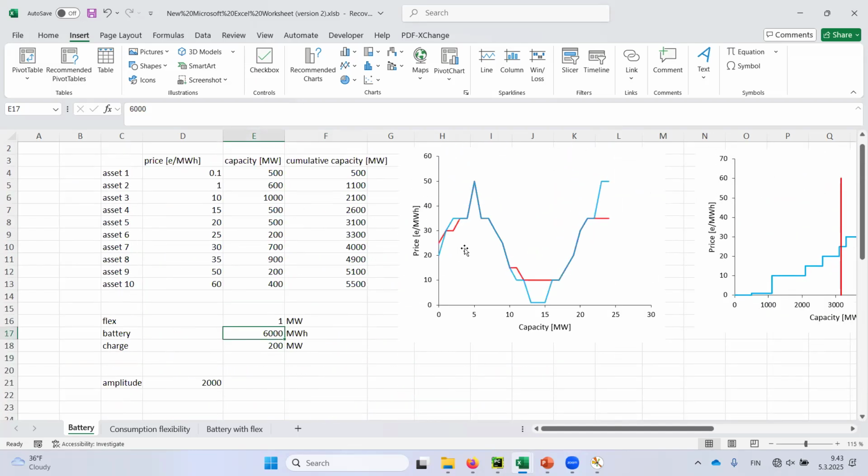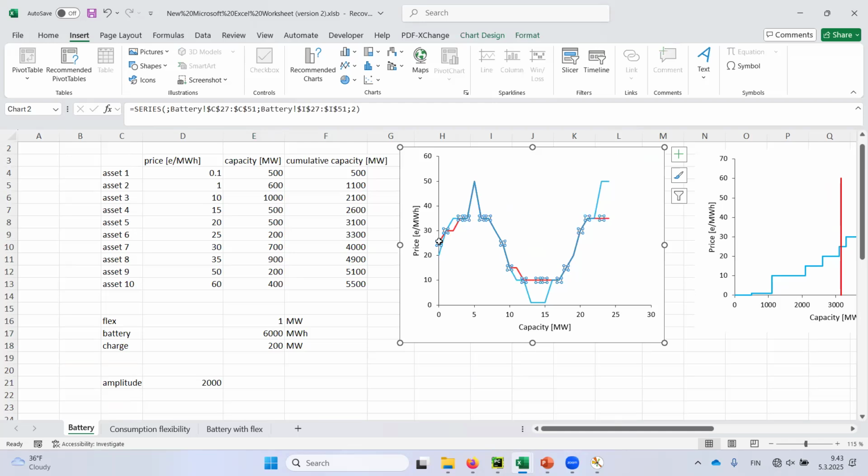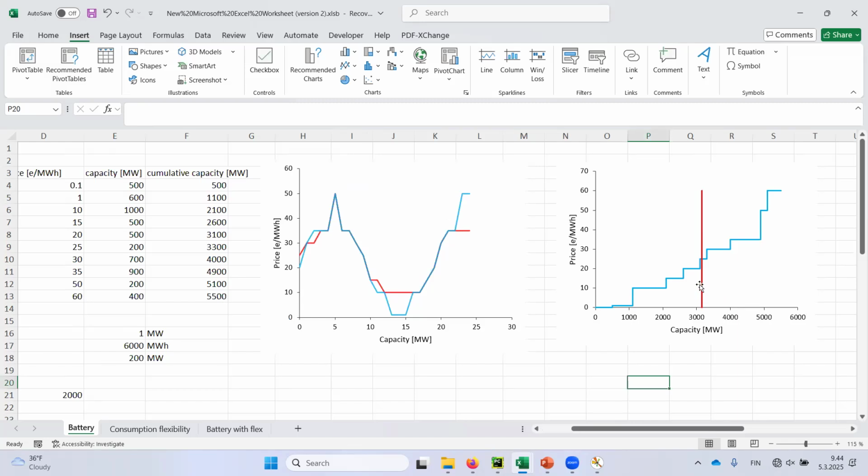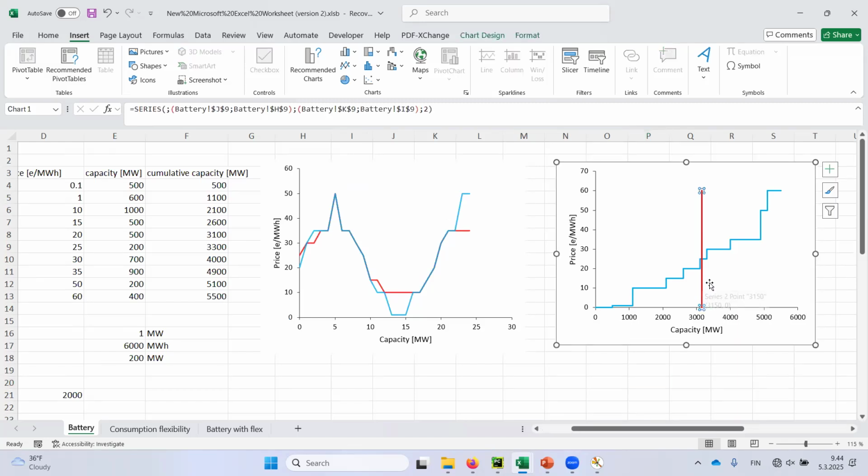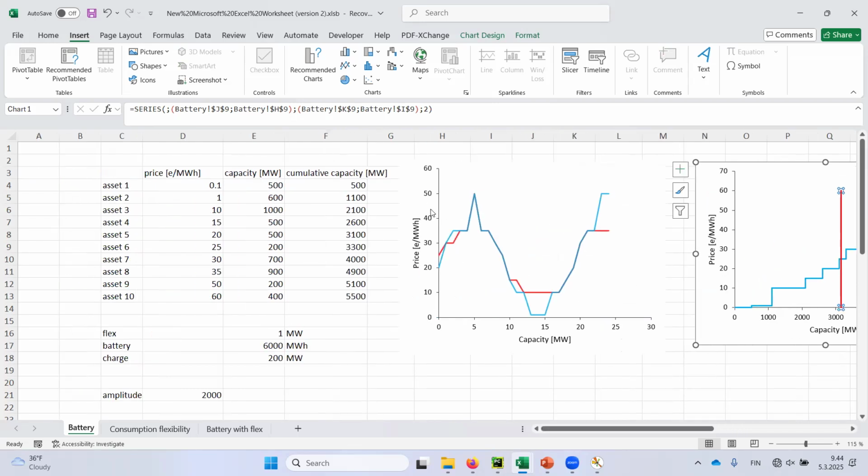So what's going to happen in there? In here, it's going to increase the price because it's going to move the demand curve in the merit order figure. It's going to move this curve to the right, so it's going to ramp up the price. And what happens when you discharge it?